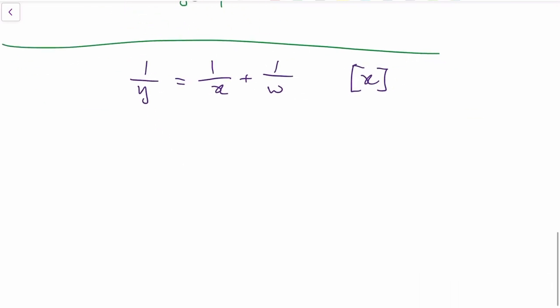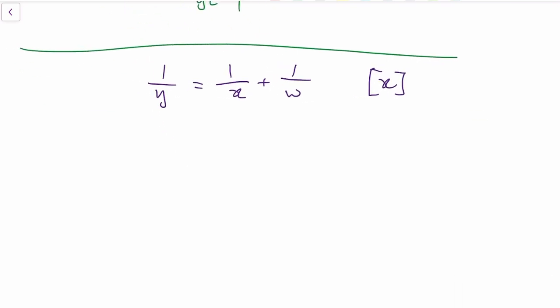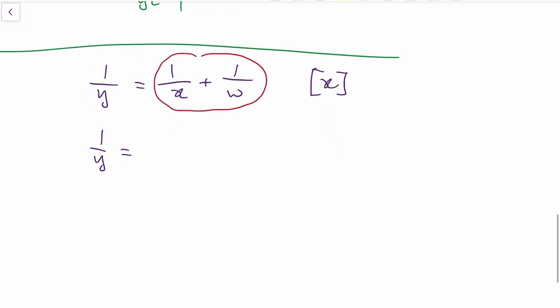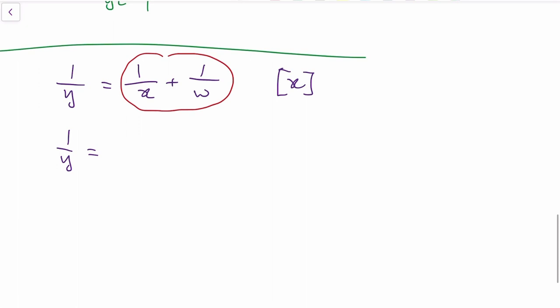The last is very often we see this kind of situation where we have fraction plus fraction. Now the usual way of doing this would be you try to add them up. So you want to get the common denominator of these two fractions, so you can add them up. Similar to how you add fractions, for example 1/3 plus 1/4, to get a common denominator, you would multiply 3 by 4, right?